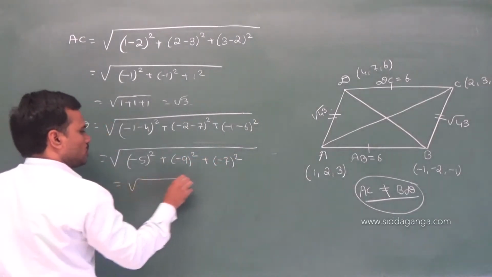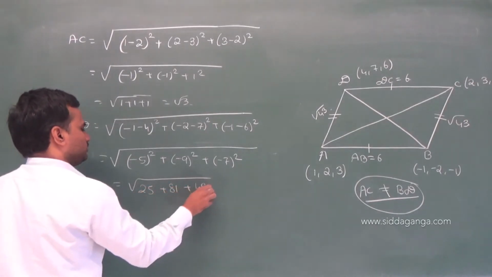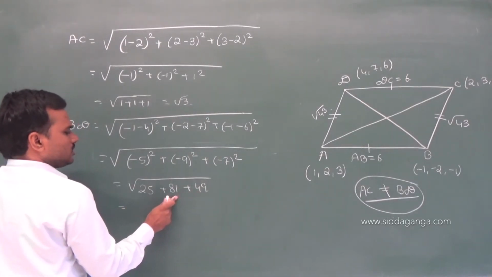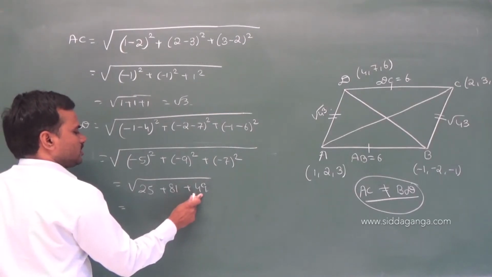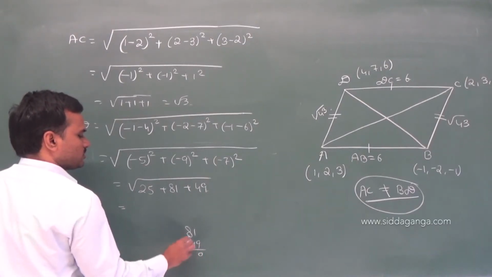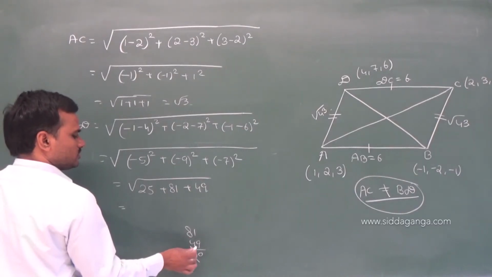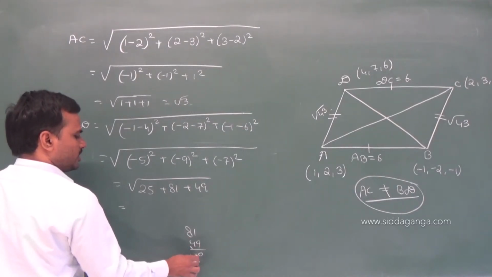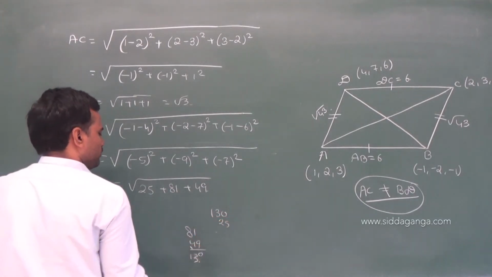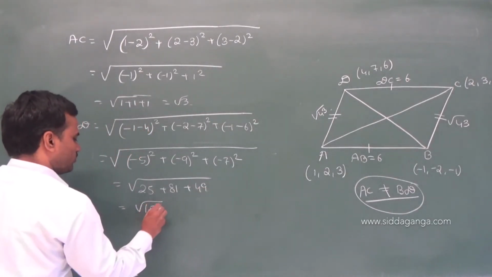Calculate it. 25 plus 81 plus 49. 81 plus 49 is not 120, it is 130. 130 plus 25 is 155. That is equal to square root of 155.